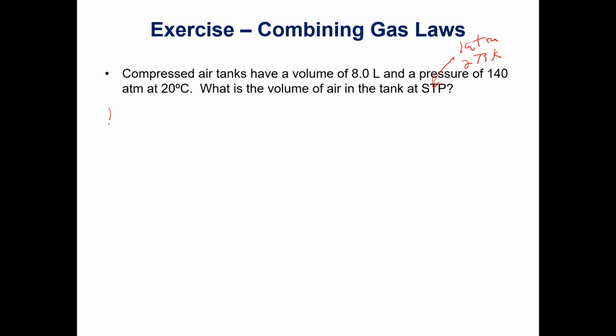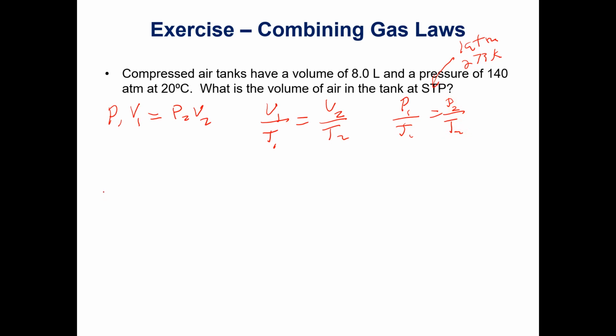We know from Boyle's law that P1V1 equals P2V2. And we know from Charles's law that V1 over T1 is equal to V2 over T2. And we know from Gay-Lussac's law that P1 over T1 is equal to P2 over T2.